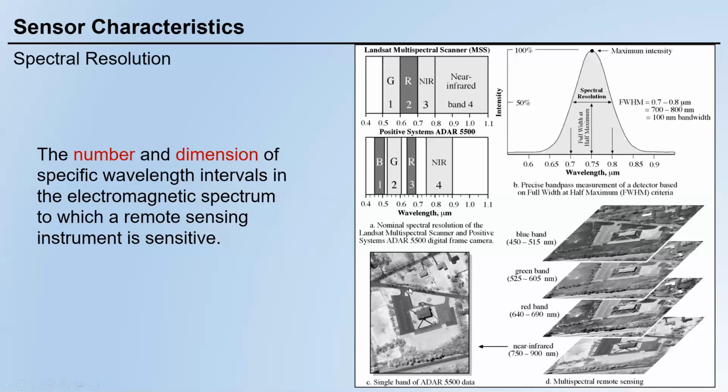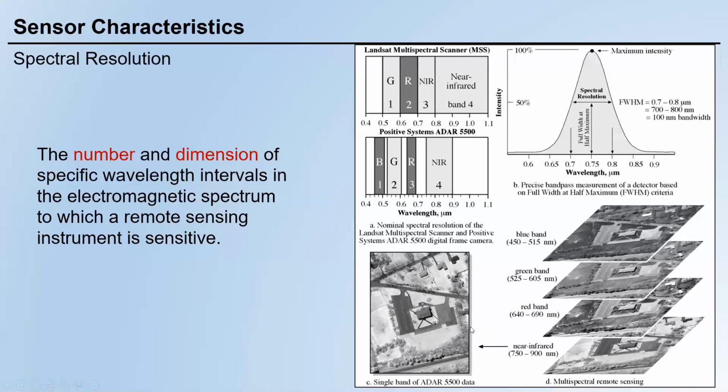Okay, figure C here is a single band of ADAR 5500 data. I think it's a residential area, right? Because we have houses, and here maybe a business building, because we have a huge parking lot surrounding it, and of course we have 1, 2, 3 houses here.